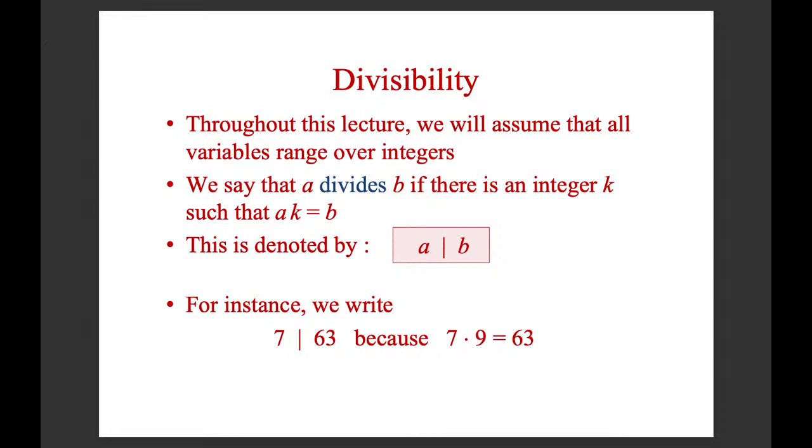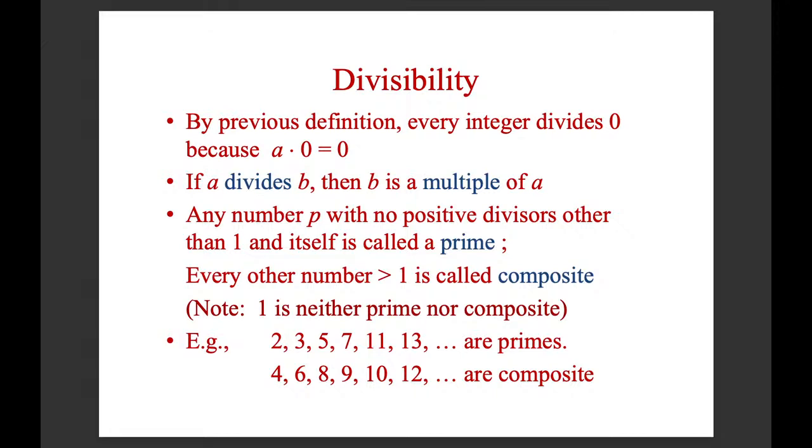So A divides 0 for any A except A equal to 0, which is a special case. Any non-zero integer divides 0 properly. Now, if A divides B, then we call B a multiple of A. This is just some notation, some description.